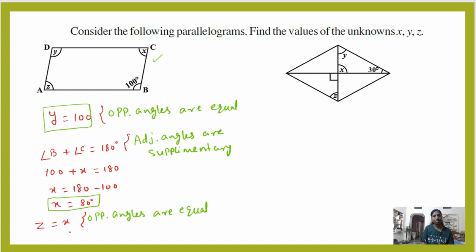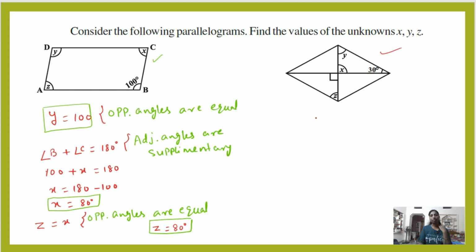The value of x is 80, so we can write z is equal to 80 degrees. So this is the value of z. In this way, using properties, we can find the unknowns.